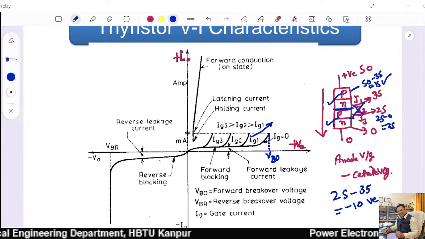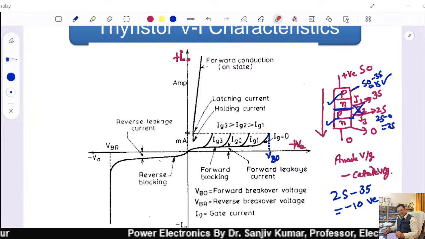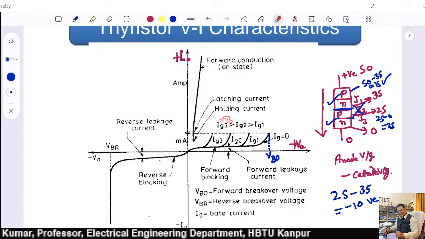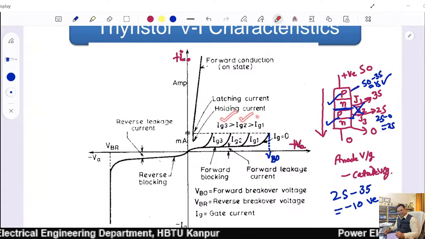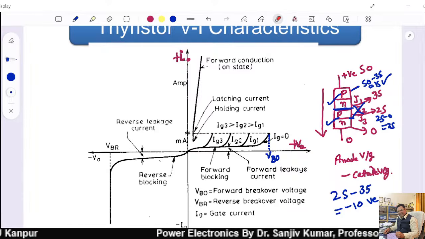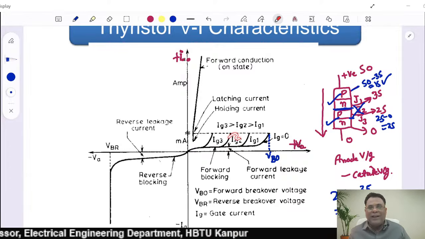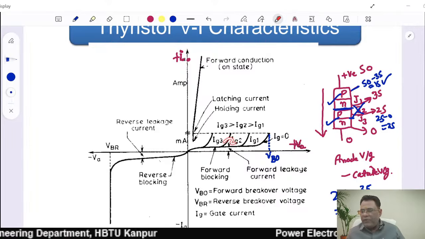If we apply gate pulse, here you can see the gate current Ig3 is greater than Ig2 and Ig2 is greater than Ig1, means as you keep on increasing the gate current, thyristor gets triggered earlier than the breakover voltage.